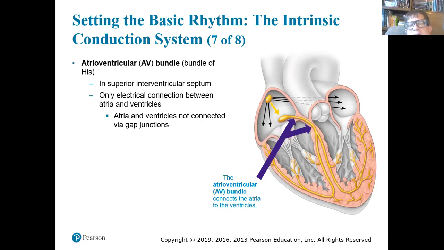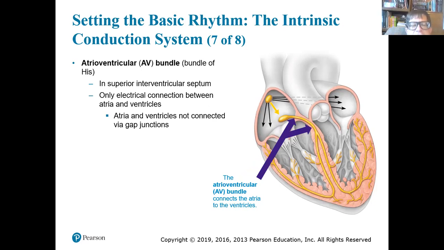Now the AV bundle, that's the signal that goes from the atria to the ventricle. It travels through these cells, and it's found going through the superior part of the interventricular septa. It is the only electrical connection between the atria and the ventricles. We already said that.